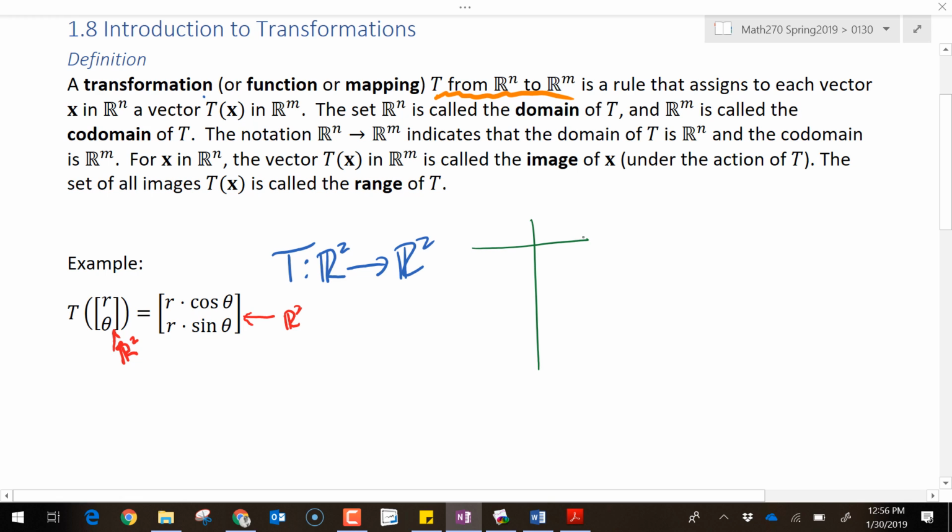We can do the primitive plug in numbers and see what you get kind of thing, where we put in a vector, an r and theta value, and then we'll get an r cosine theta and r sine theta value out of that. So this gives some numerical ideas of different kinds of images.